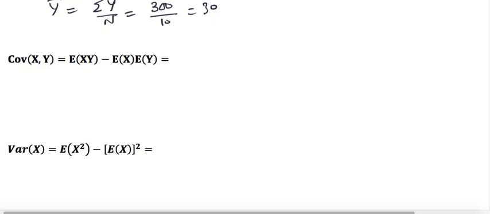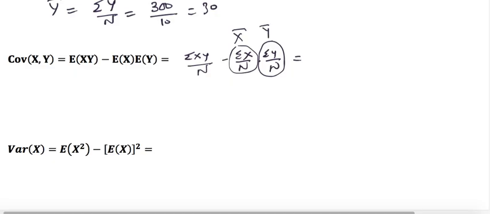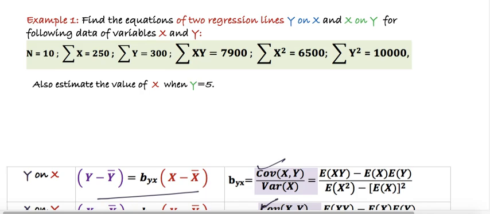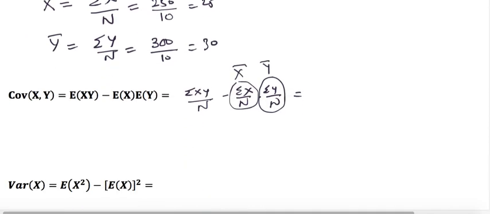So I am going to calculate here summation of xy divided by n minus summation of x upon n times summation of y upon n. And we know that these are actually the mean of x and the mean of y. We have already calculated the mean of x and mean of y, and the sum of products is 7900.